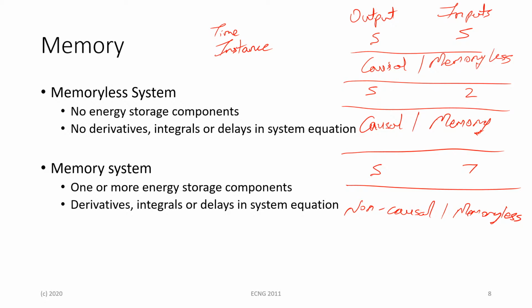So are there any more clarifications to be made with regards to the differences between the causal and memory properties? Well, just to give you an idea, because we're talking about it with less than and more than, this one is equal to, this one is less than, this one is more than.